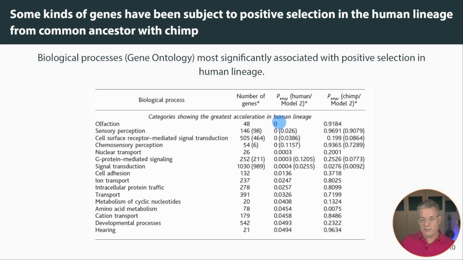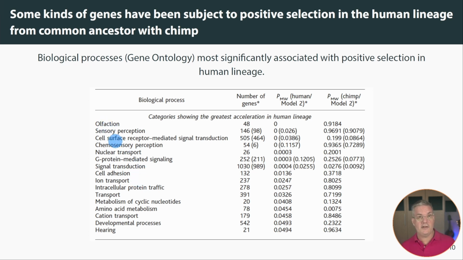This is a very low p-value, and we see 48 genes that appear to be accelerated in the human lineage that involve olfaction. So olfaction, sensory perception, cell surface mediated signal transduction, chemosensory perception, a lot of events here that involve sensation, certainly olfaction, sensory perception, hearing, and so on.